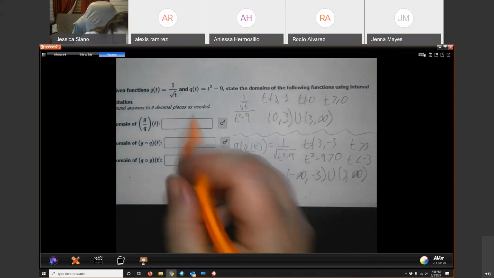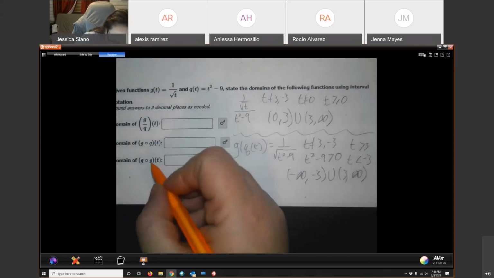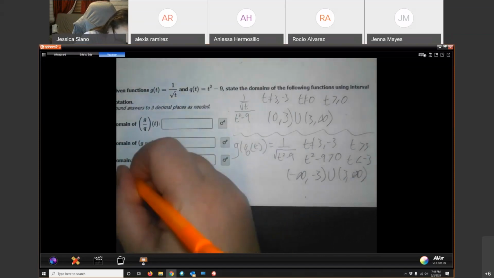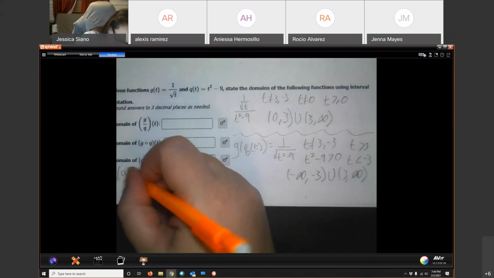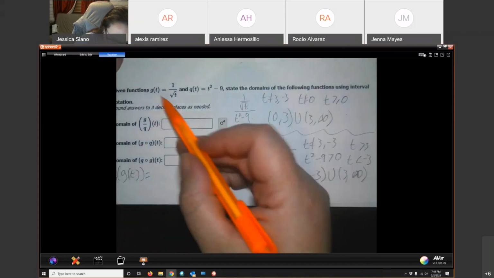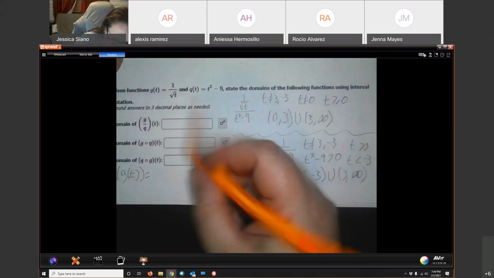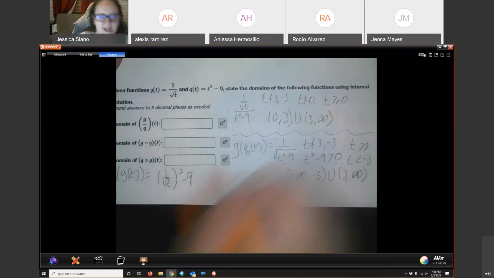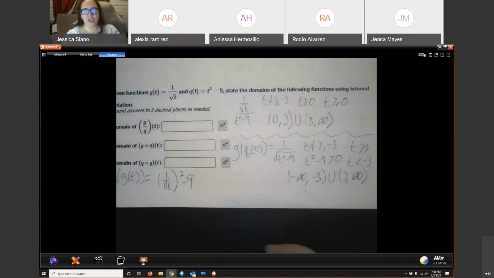Okay. So then for q of g of t, we would say 1 over the square root of t squared minus 9. And again, I know that your gut is telling you, ooh, square this, but I don't want you to do that.